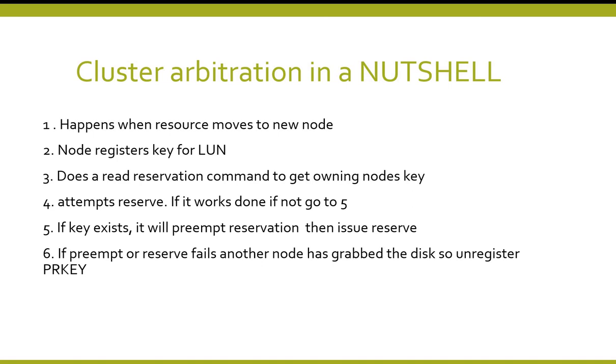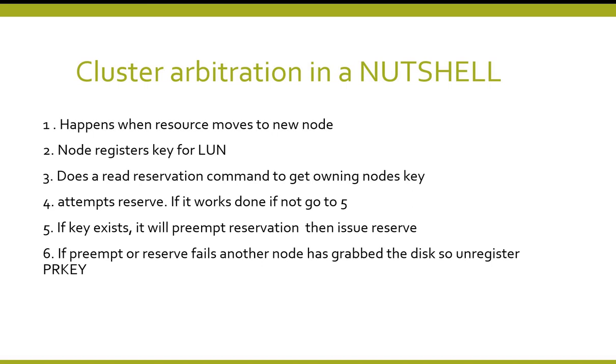So, for example, if you have hosts 0, 1, and 2, and 0 owns the drive, he has the reservation key. The other 2 nodes, since it's CSV, will register keys, and they can read and write to the drive as well. That's so direct I/O will work. And if you remove CSV, it'll unregister its key, so you go back to the original configuration.